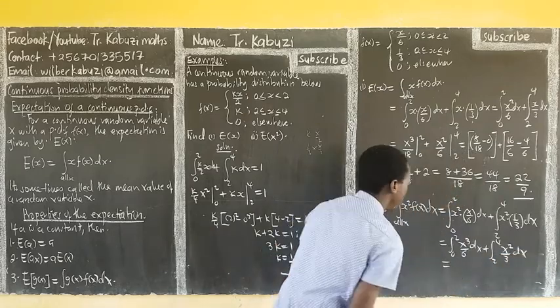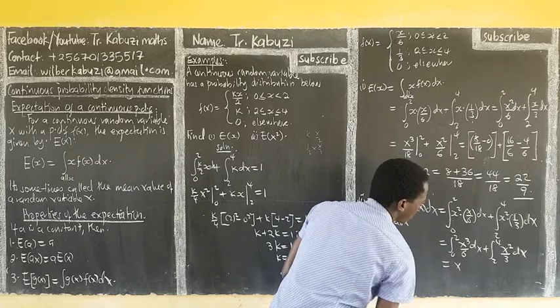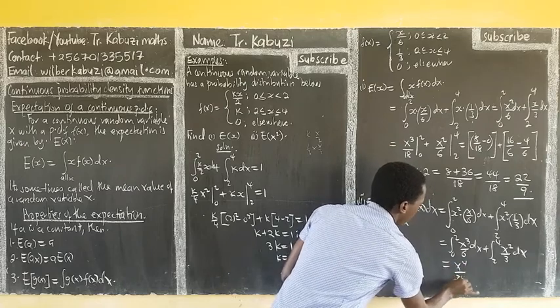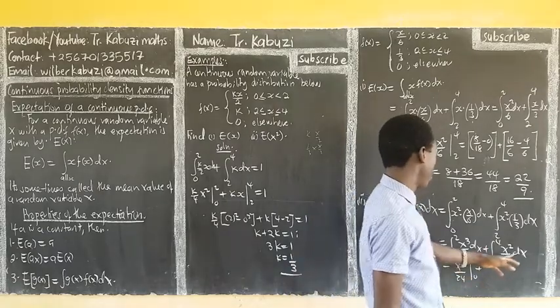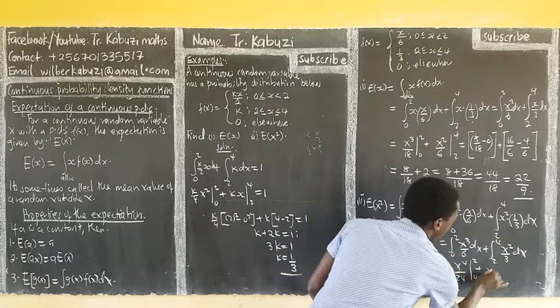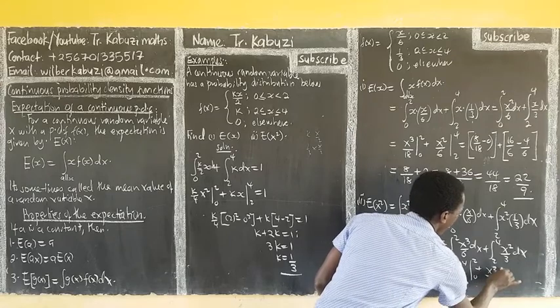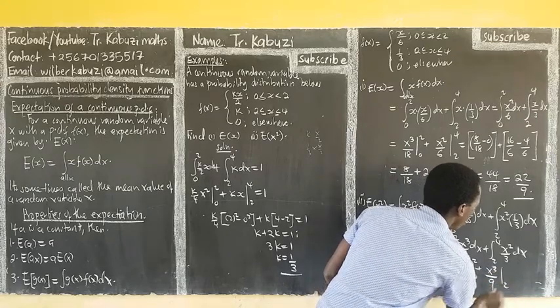Integrating this, I get x to the fourth over 24 from 0 to 2, plus x cubed over 9 from 2 to 4.